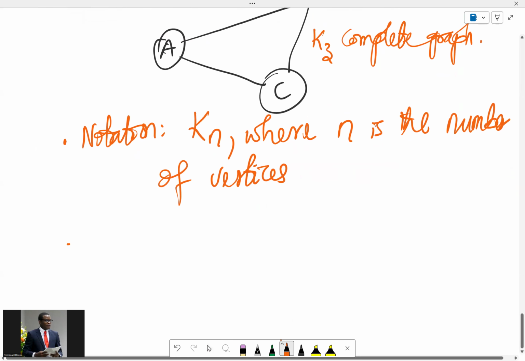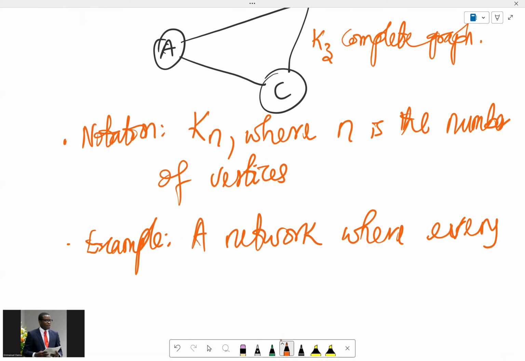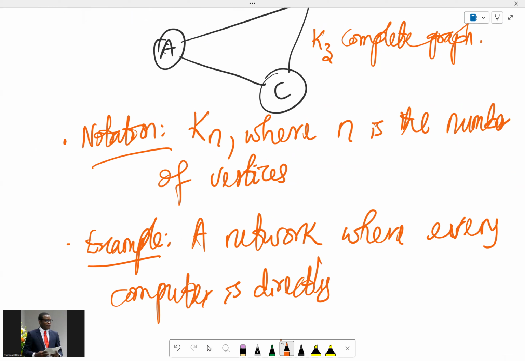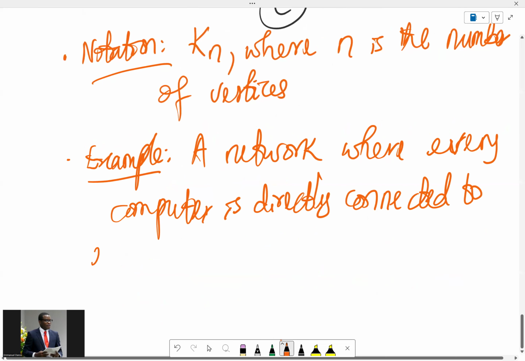A very good example of that would be a network where every computer is directly connected to every other computer.